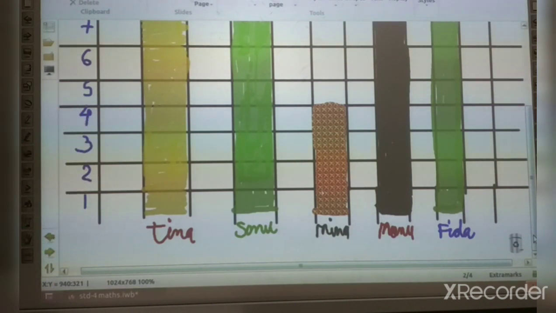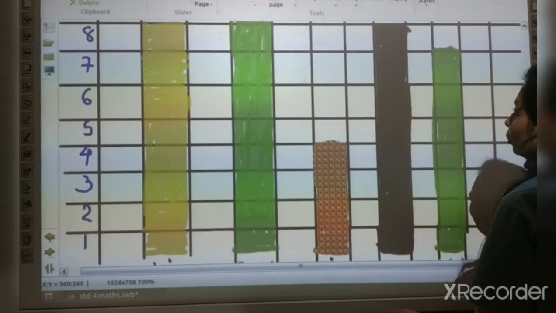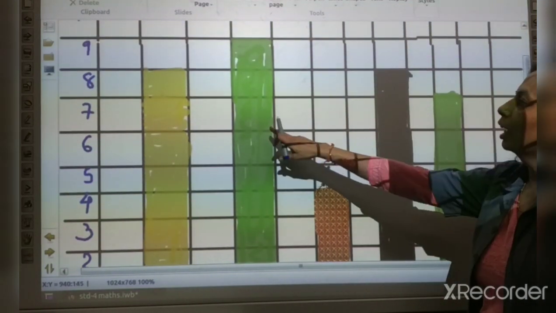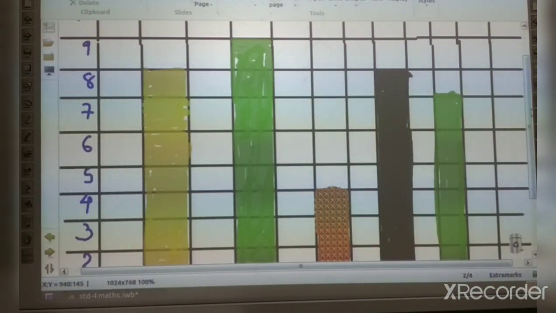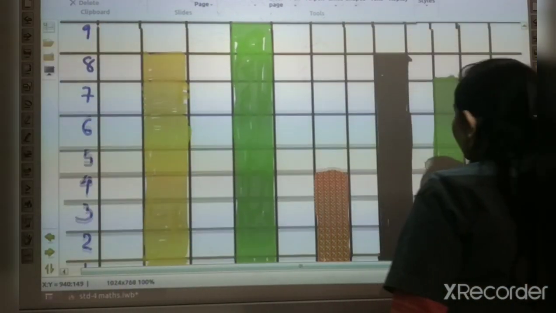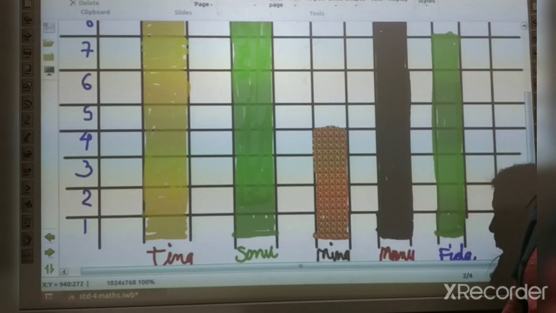Now fourth question, how many marks did Sonu get? Look here. Sonu got 9 marks out of 10. Fifth, how many marks did Meena get? Meena got 4 marks.